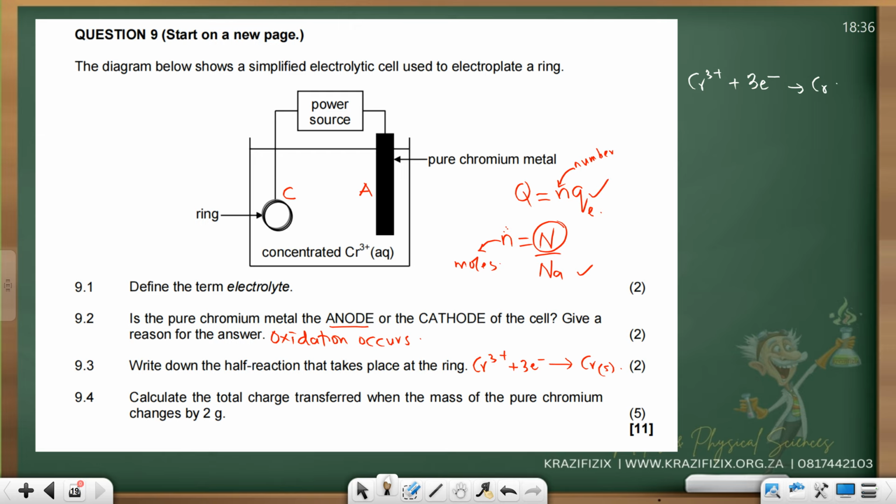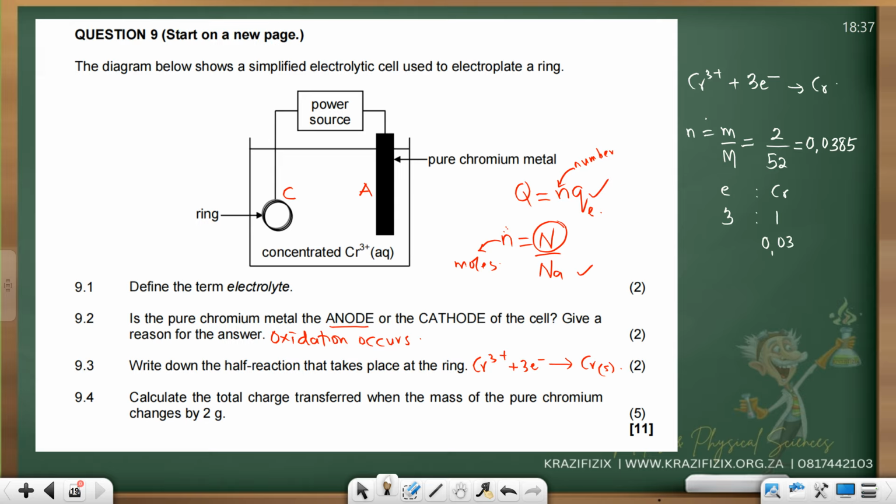We do have the mass, so we can convert. Number of moles is mass over molar mass: 2 over 52. What's your answer? 1 over 26. Give me 4 decimals. 0.0385 moles.